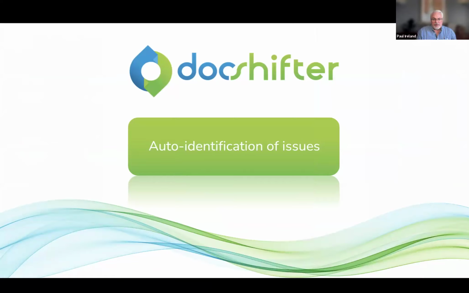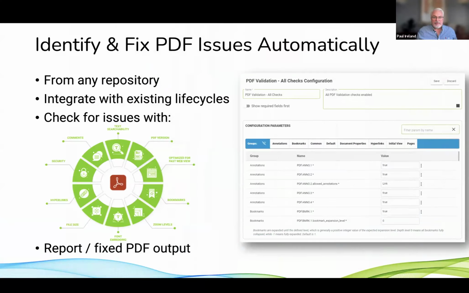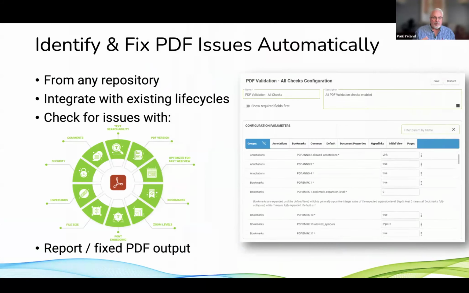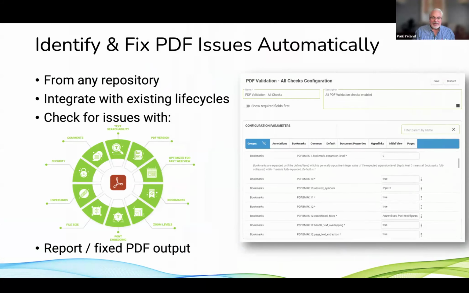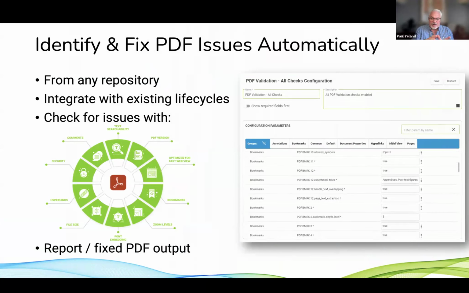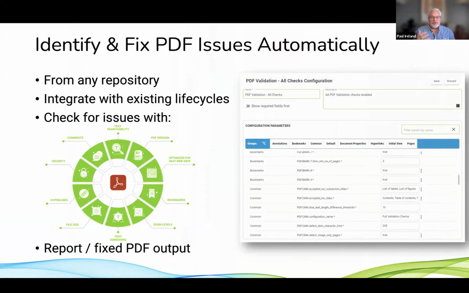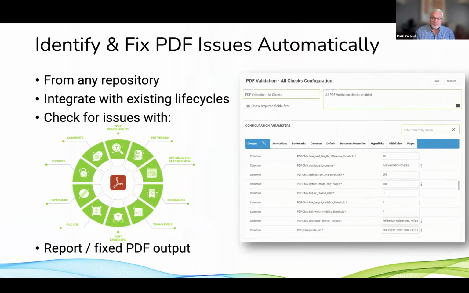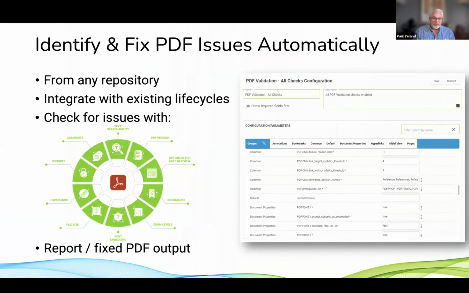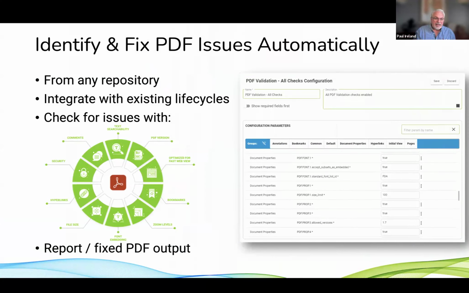So maybe we'll start off with the identifying of the issues. The idea here really is that no matter where the content resides, no matter what repository it's in, you can integrate into existing life cycles so that when a PDF reaches a certain point in its life cycle, you can automatically check for issues. You can QC that PDF for many of the things that you're checking manually for.